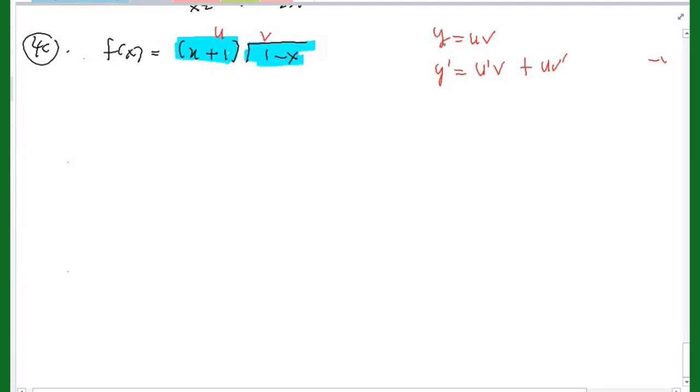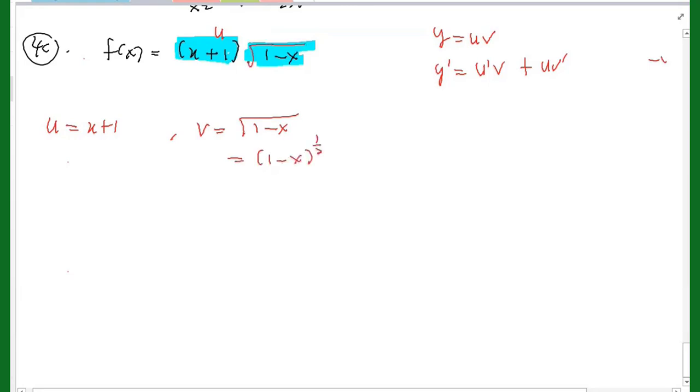The idea is that once you differentiate one, the other one is fixed, maintained, and then do the other one, like an exchange. Now determine u is polynomial or linear, v changes to (1 minus x) to the power half.